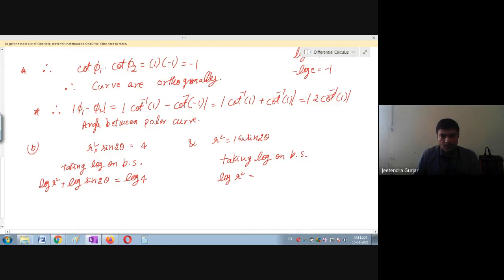Please remember in the log property, if there are two variables like a and b, then only we can do it. But here it is not required. Therefore, I will take it directly: 16 log sine 2 theta. Is it clear?